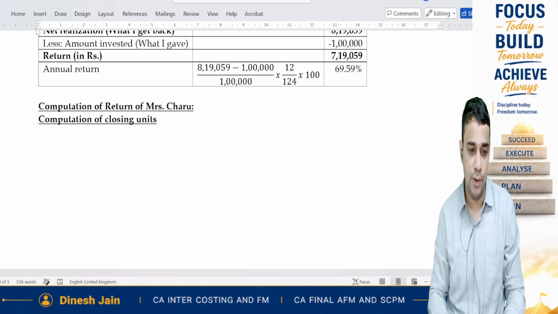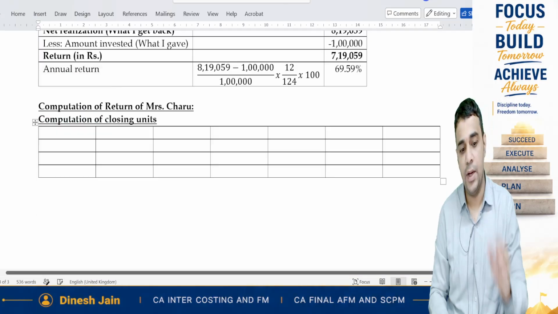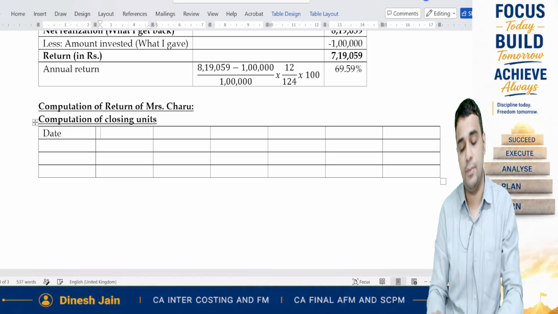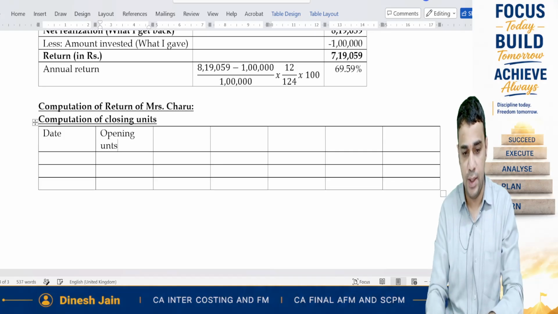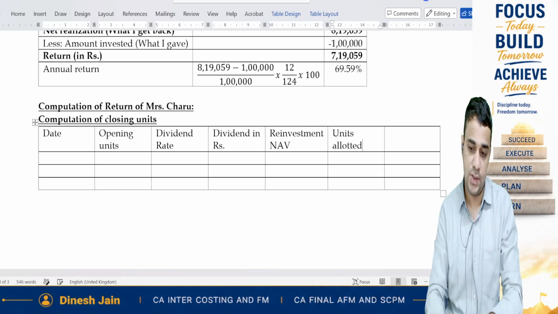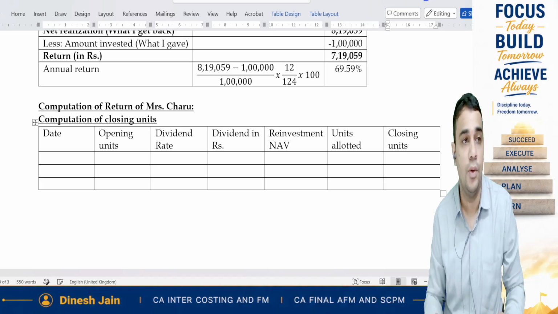Open 7 columns: opening units, dividend rate, dividend in rupees, reinvestment NAV, units allotted, and closing units.